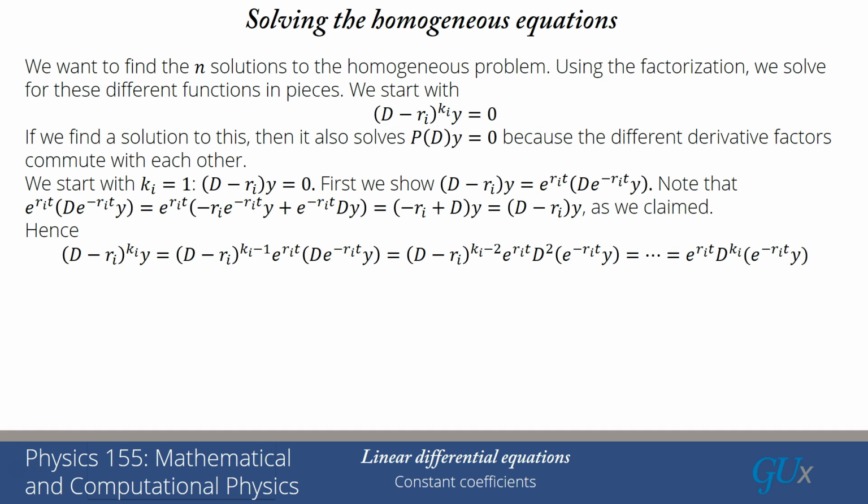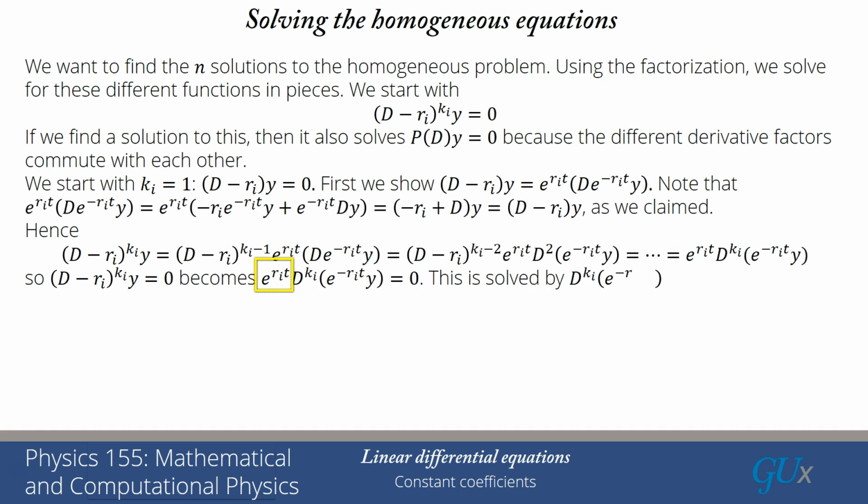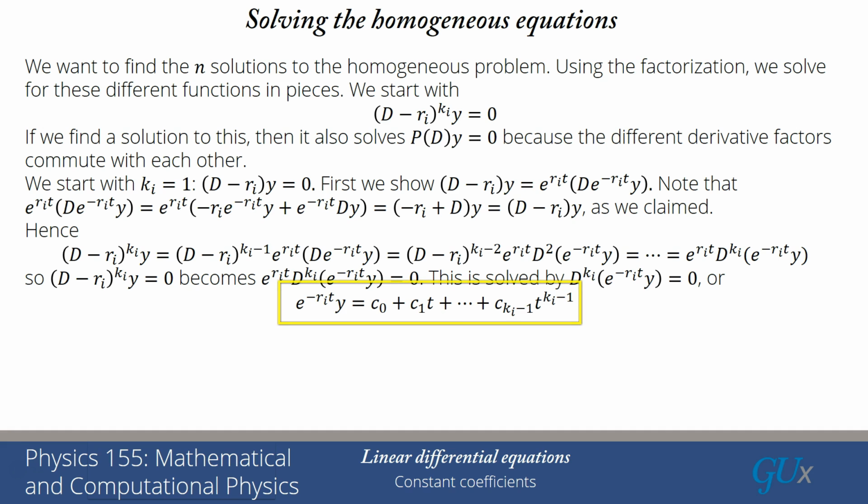Okay, so we want to solve the homogeneous equation. So we set that equal to 0. And that means we can cancel the e^{r_i t} on the left-hand side. We just multiply by e^{-r_i t}. And that means I have the k_i-th derivative of the thing inside the parenthesis is equal to 0. Well, if the k_i-th derivative of something is equal to 0, then it's simply a polynomial of degree k_i minus 1.